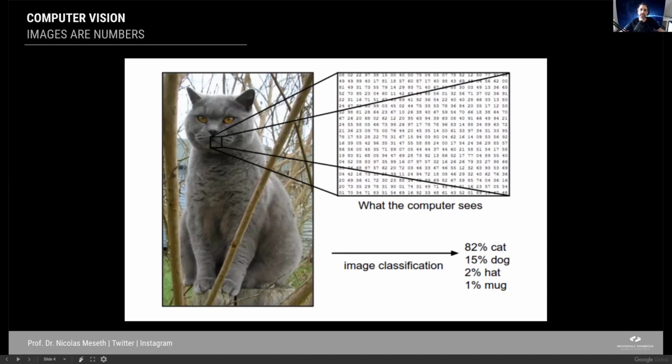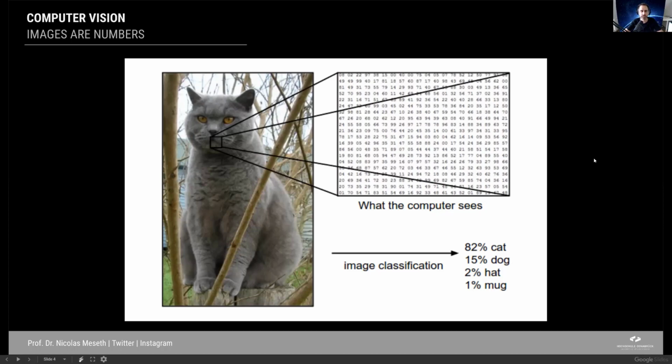And then the task seems quite hard. The task is to have these numbers fed to a computer, and the computer should predict what's in an image that is represented by these numbers. For humans, that's impossible. We would rather see the cat in an image, but the computer needs to have a representation in zeros and ones.